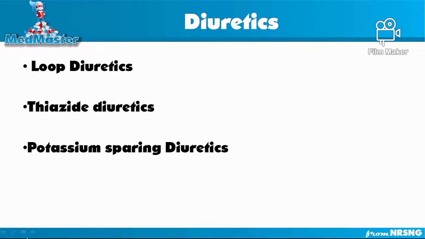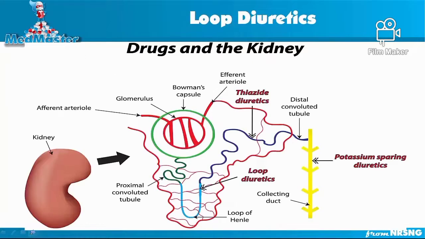Okay, so let's talk first about the loop diuretic mechanism of action. This is the diagram representing the nephron, which is the functional unit of the kidney, and all the blood filtration, formation of urine, reabsorption, and excretion of all the electrolytes happen in this nephron.